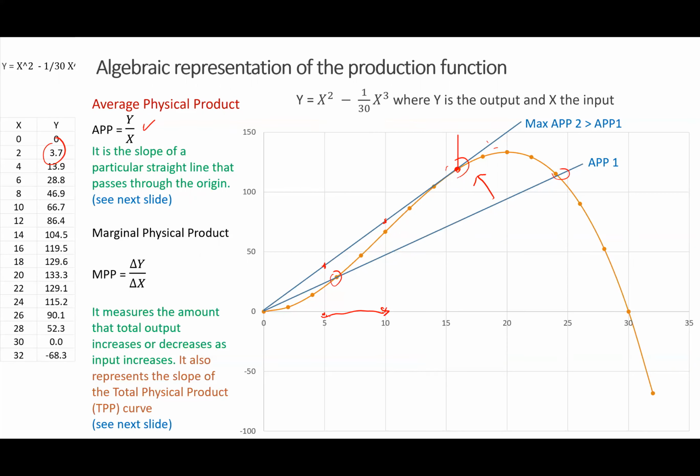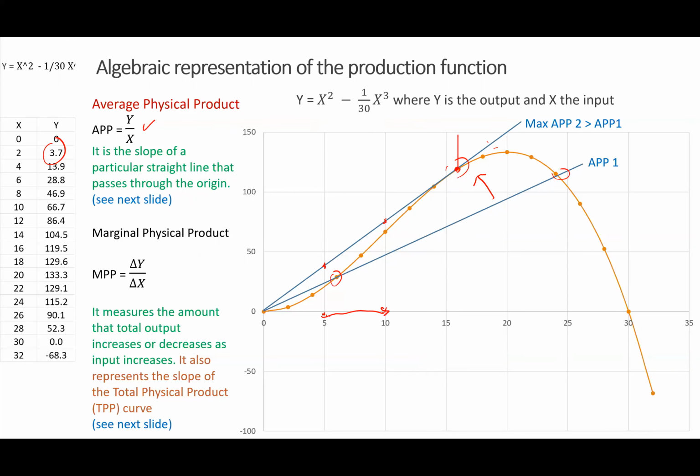And so this is logical. So why is it that total output increases at an increasing rate? Because the marginal physical product is increasing. It's that simple, right? When marginal physical product decreases, okay, until you come to 0, by adding input you are getting less, but you are still getting more than 0, right?